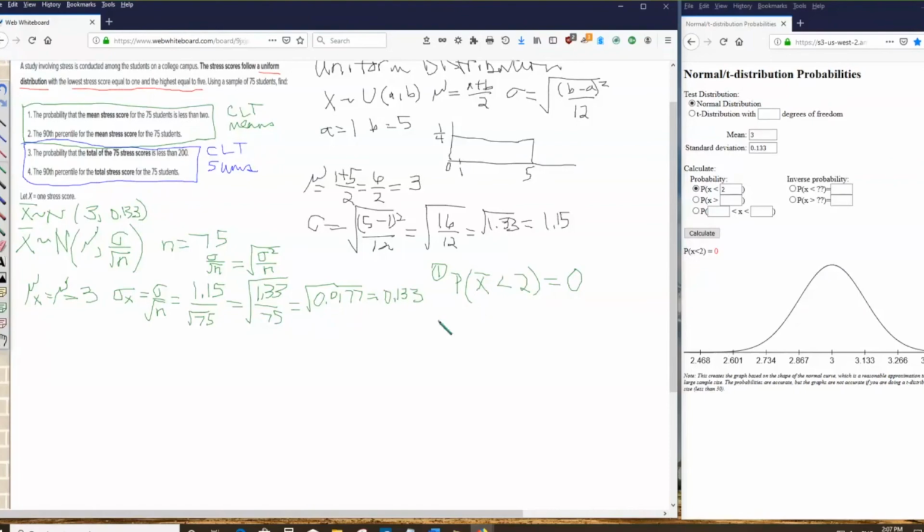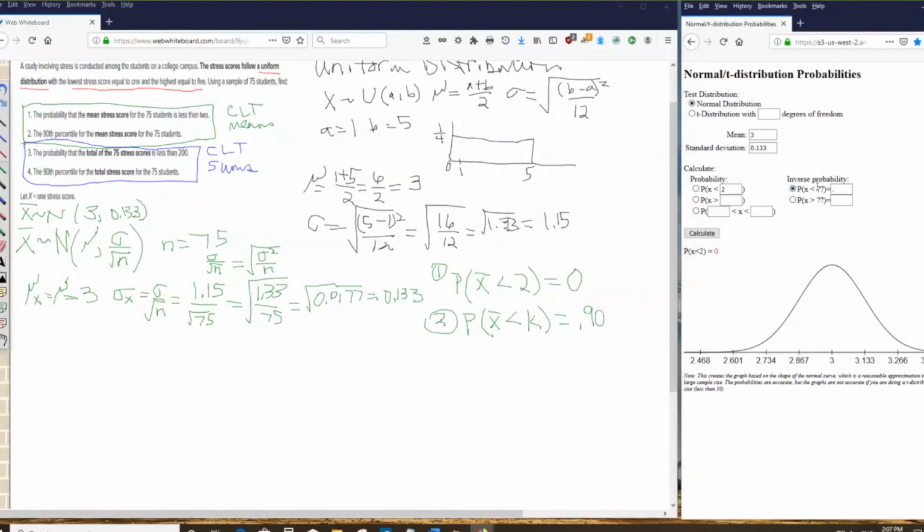Okay, problem number 2 wants us to find the 90th percentile for the mean stress score for the 75 students. So we're going to do the same thing, but this time we're solving for K. So we're going to come back here to the inverse.